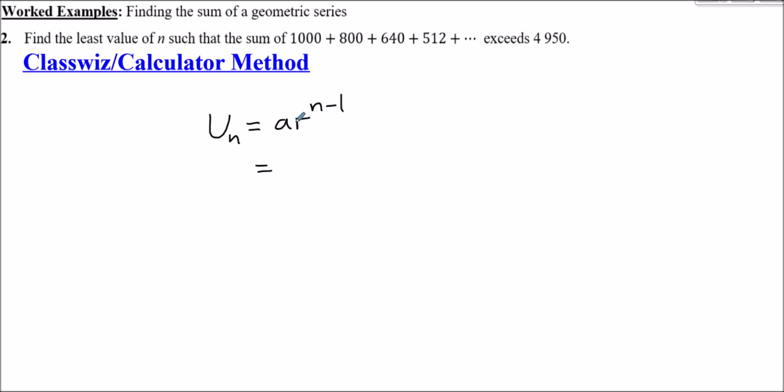Here we know a is 1,000, the first term is 1,000, common ratio is 0.8. If I take any value and divide it by the one before it, I'd get 0.8. So that's the nth term. A is 1,000 and the common ratio 0.8.